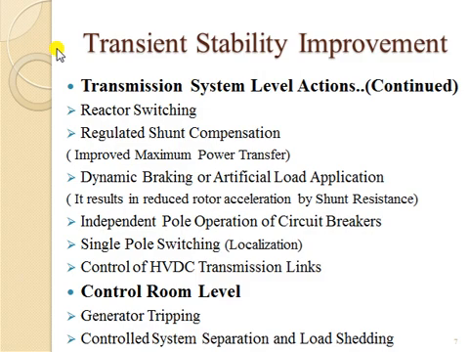Another technique is modification of circuit breaker operations. Instead of closing all your circuit breakers at a time, you can have independent pole operation of the circuit breaker. Part of that is single pole switching. The meaning is, many times in your system the major faults are of a single phase, and if a single phase fault occurs and your circuit breaker does not have separate pole operation, you open all poles of the circuit breaker for a single phase, unnecessarily wasting the remaining two poles.